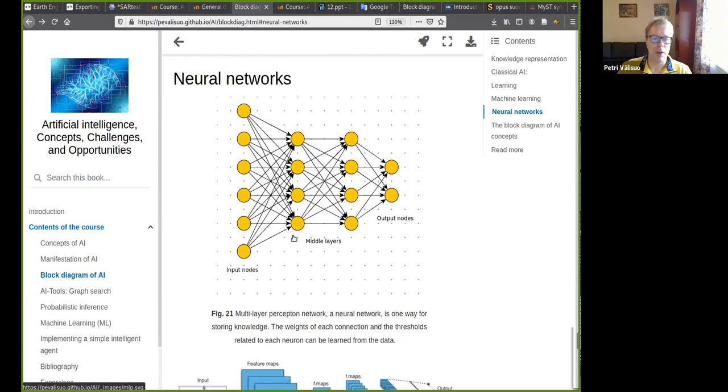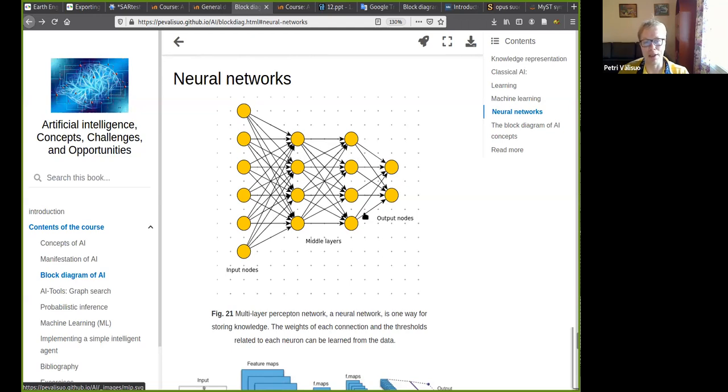And also, trying to optimize the structure of a neural network, maybe those who work more with them have some better methods, but quite often it seems to be more like trial and error and some rule of thumb that if the problem seems to be very complex, then it is better to have more of these middle layers.